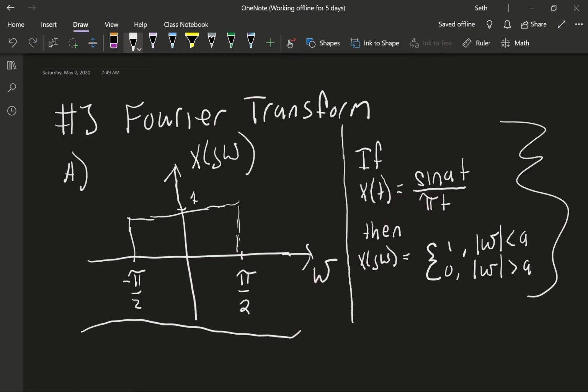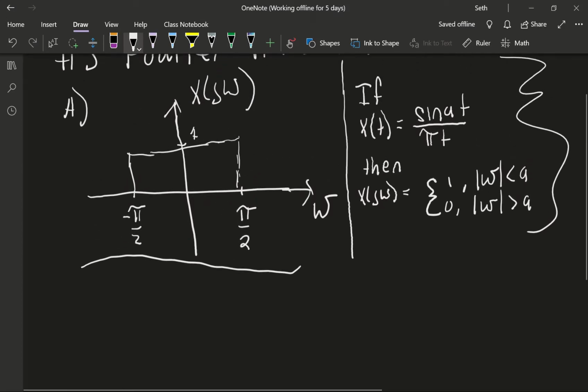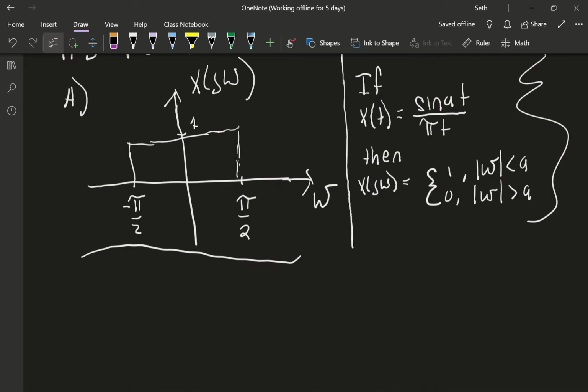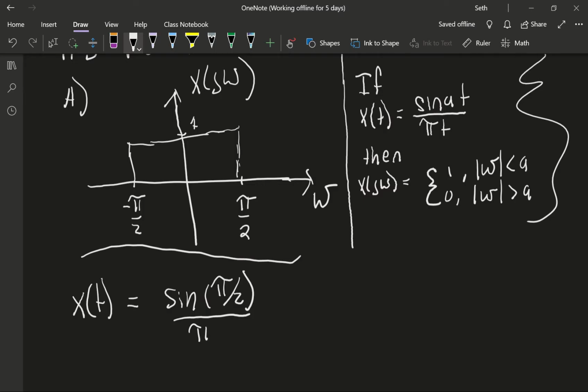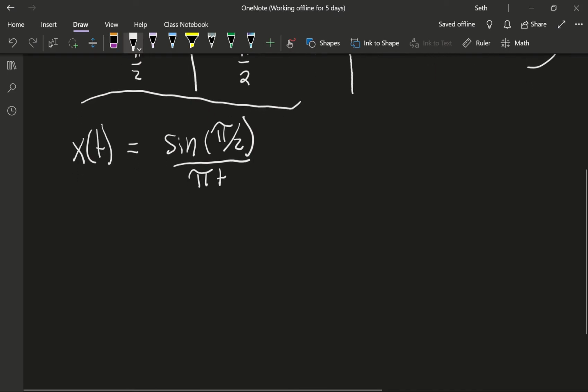It's a rectangular pulse of width pi over 2, so we can just write this directly. x of t equals sine of, in this case, a is pi over 2, divided by pi t. Okay, now let's move on to B.